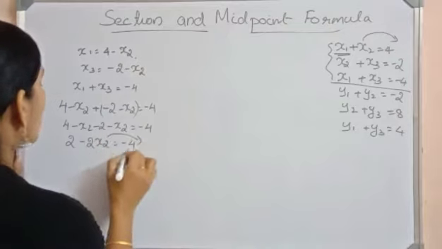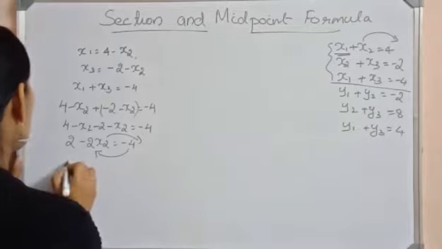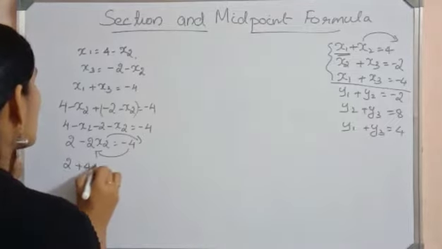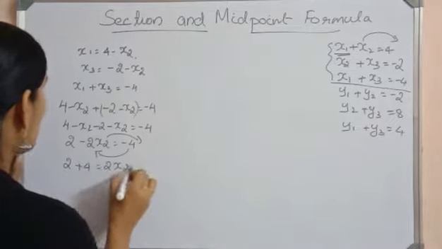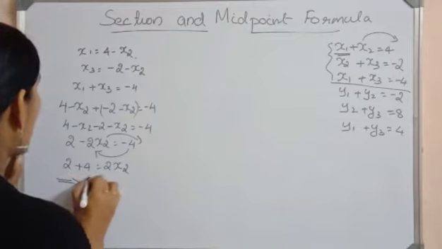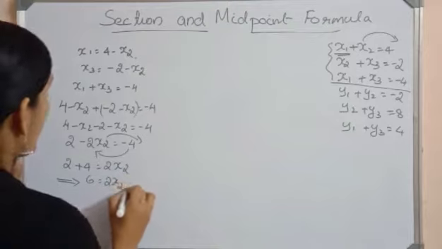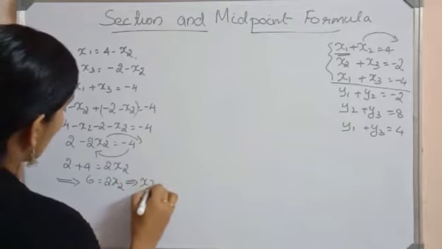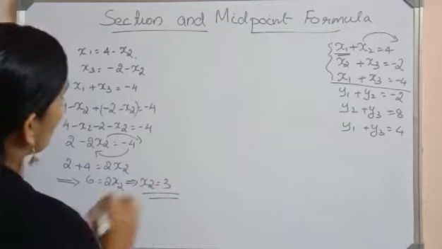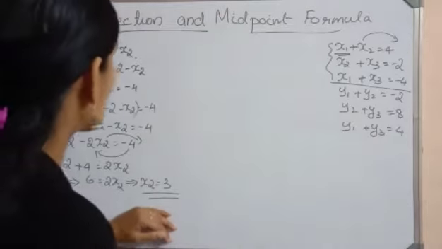Bringing 2x2 to the other side and -4 to this side, 2 + 4 = 2x2, so 6 = 2x2, which implies x2 is equal to 3.